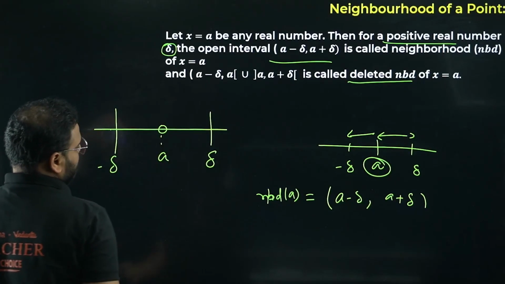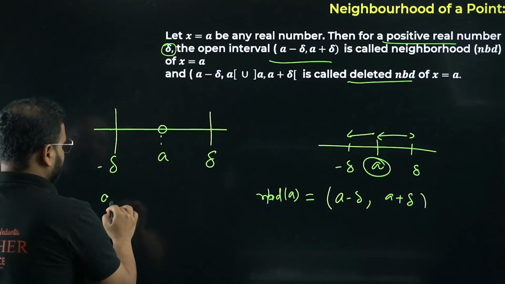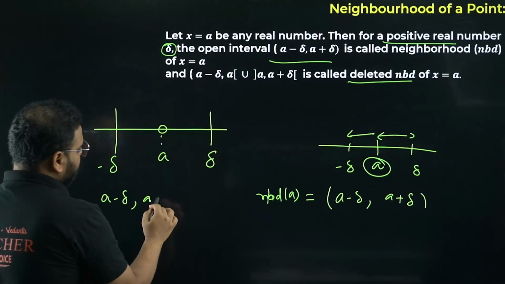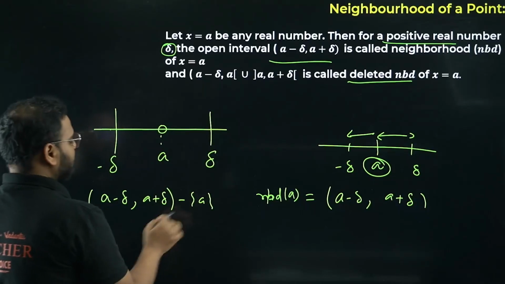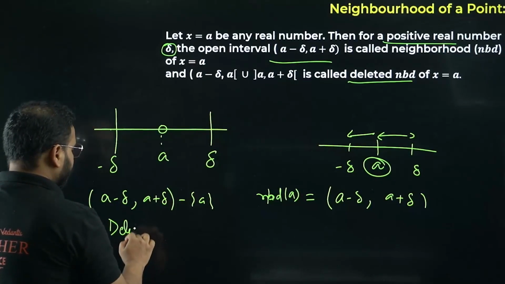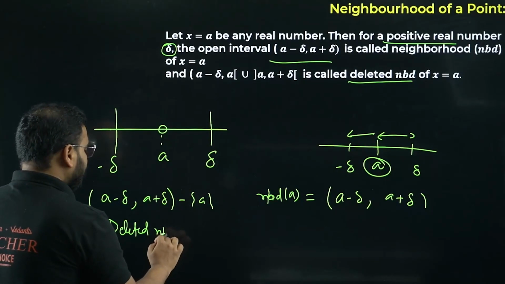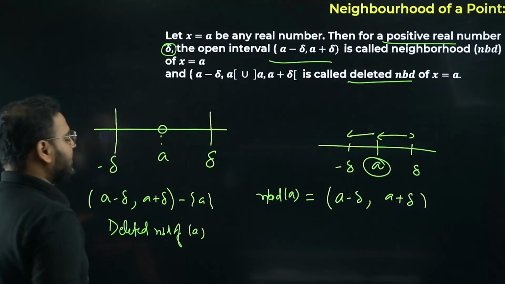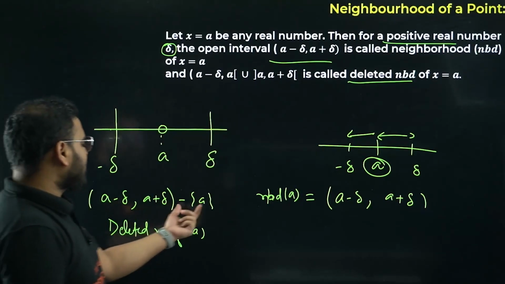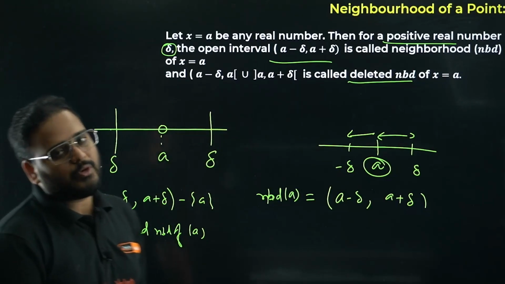This is A actually. So from the same thing, A minus delta to A plus delta, what are you going to do? Remove A. This is called the deleted neighborhood of A. Please check. Done. You remove this A part from the neighborhood, you get the deleted neighborhood for yourself.